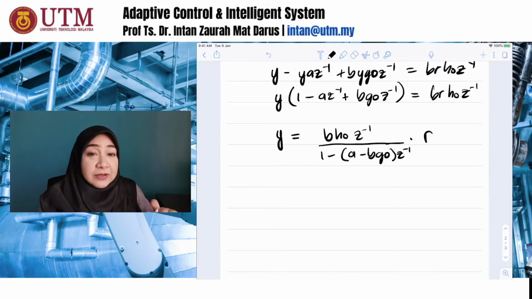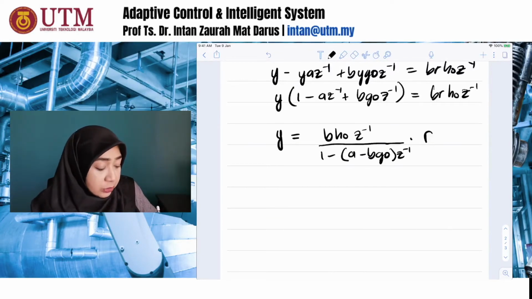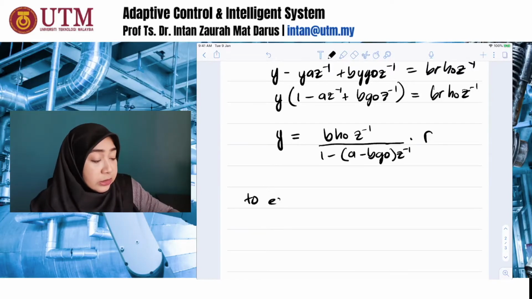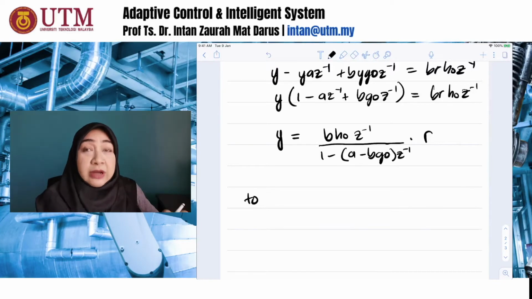Therefore, the first design rule is to ensure stability. Okay, to ensure stability, we need to write the closed loop characteristic equation.